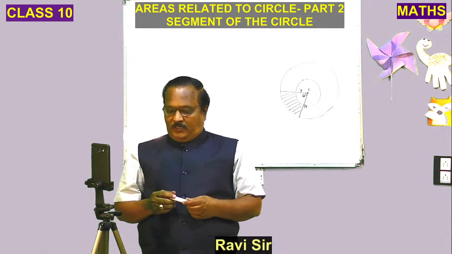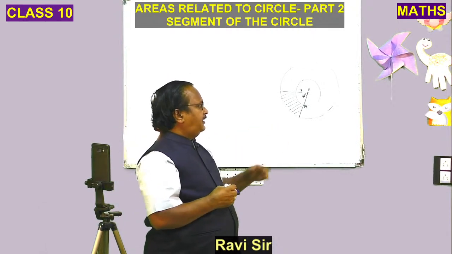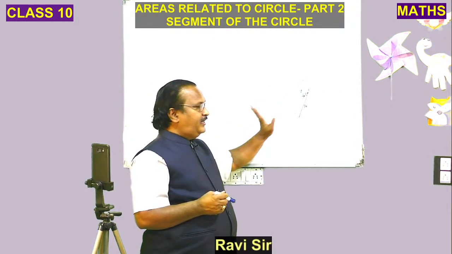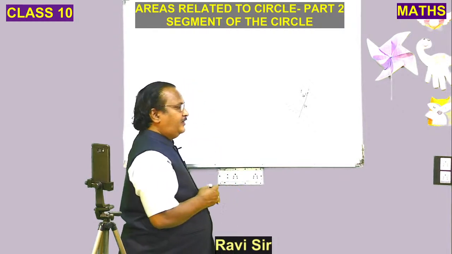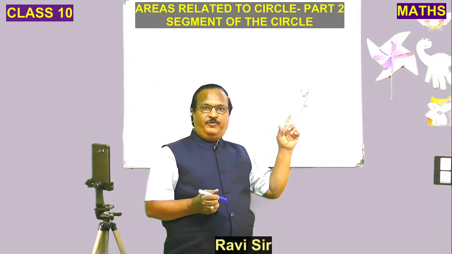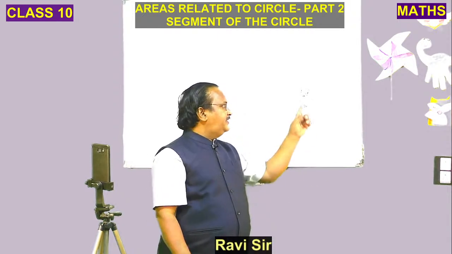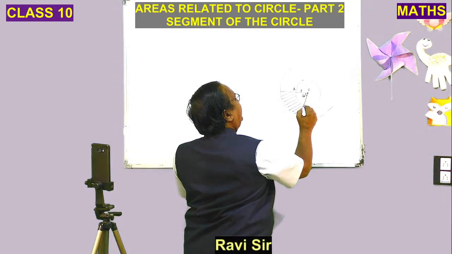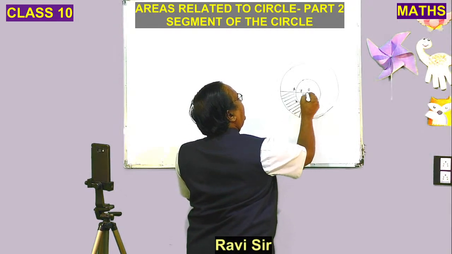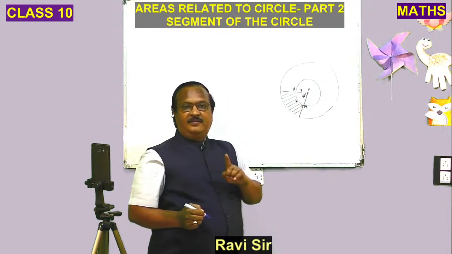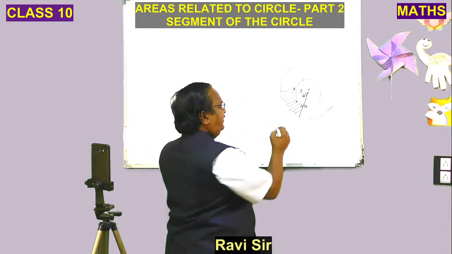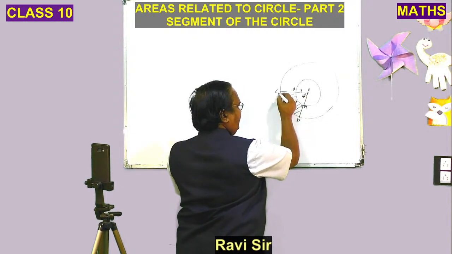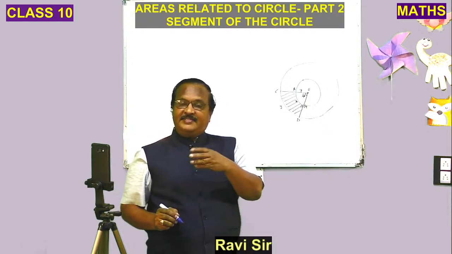So how to find out the area of this? This is not a segment. This is purely related to the sector question. If you look at the question, you will be seeing two sectors. One is a small sector. Let me write OAB. OAXB is a small sector, right? OCYD is second sector.